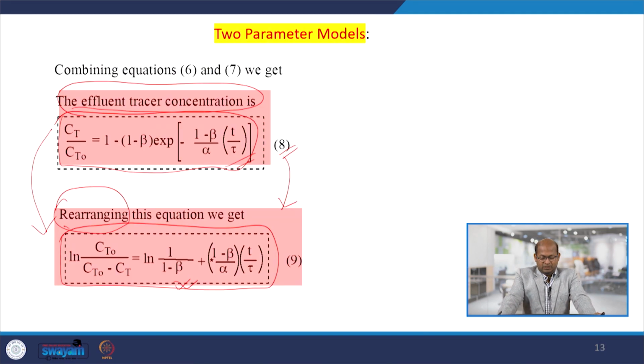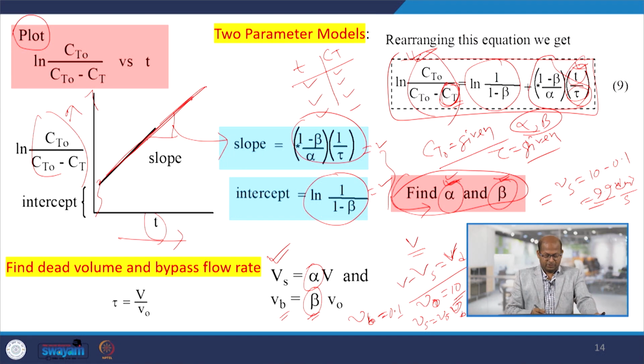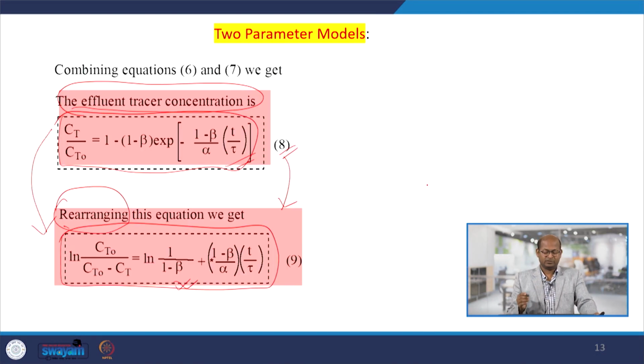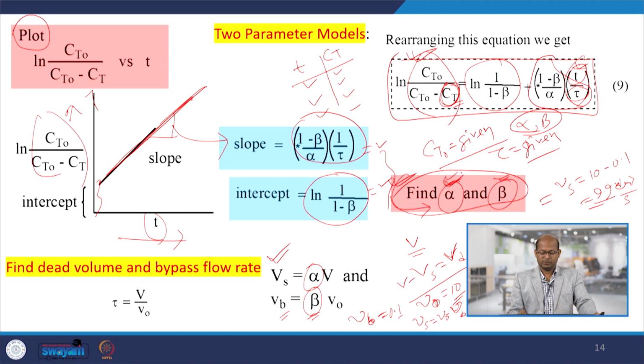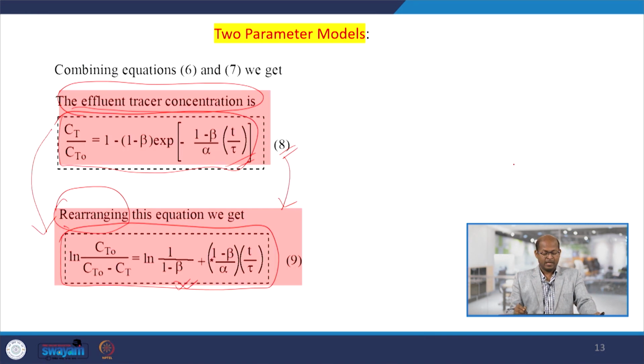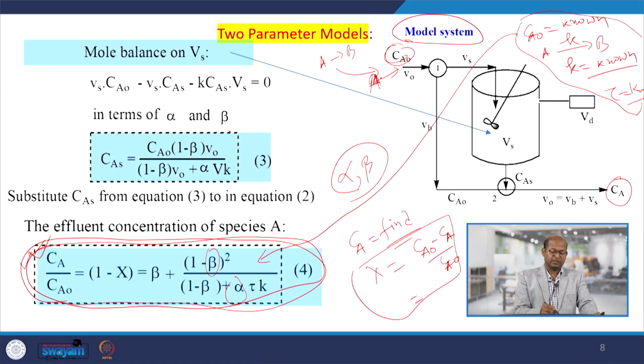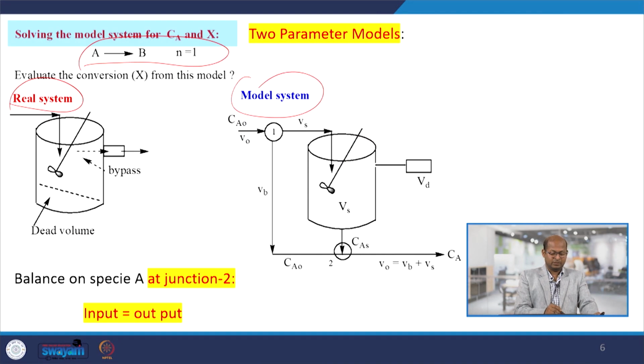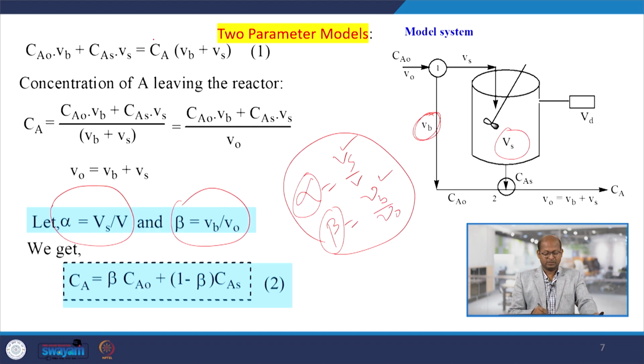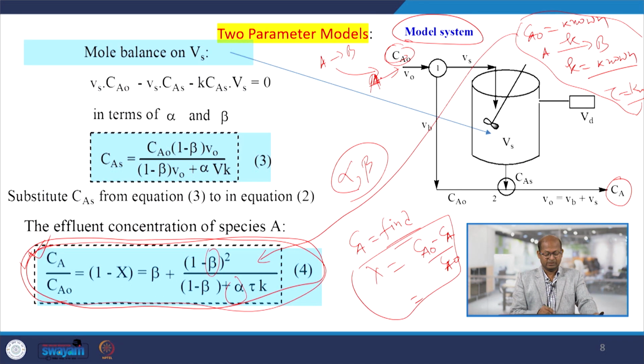Okay. Did you get my point or not? So, it is this way actually: using the tracer test you have to find out the parameters, parameter 1 alpha, parameter 2 beta, and before doing the tracer test we have done the reactions. This is the reaction test, and we are going to find out C and X, and these model systems we have developed by considering so many steps. These are the equations for effluent concentration.